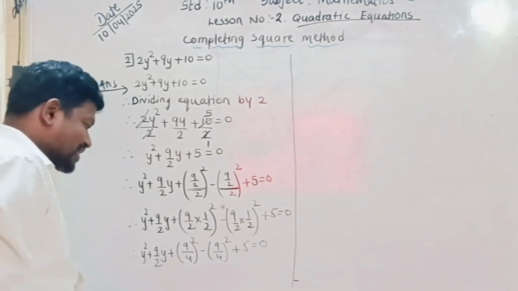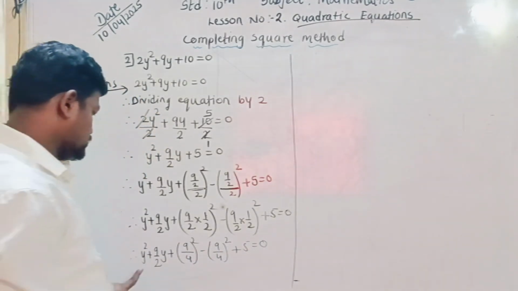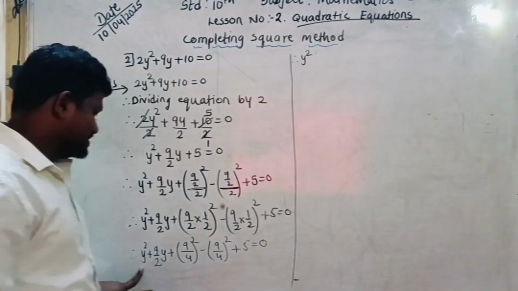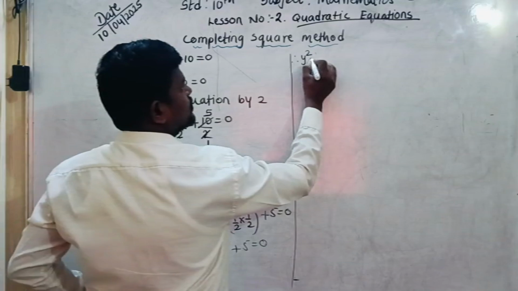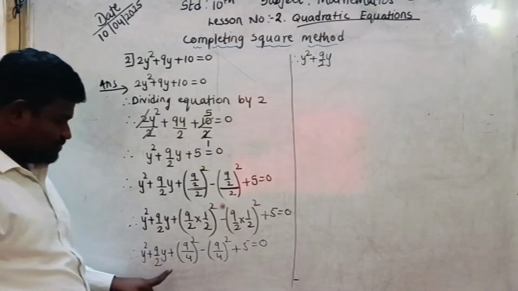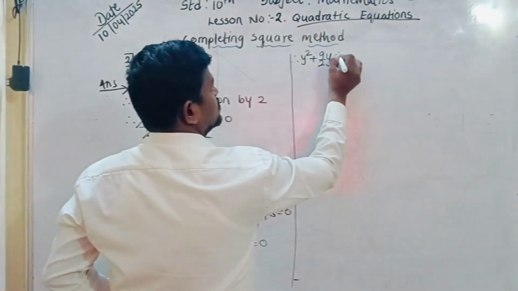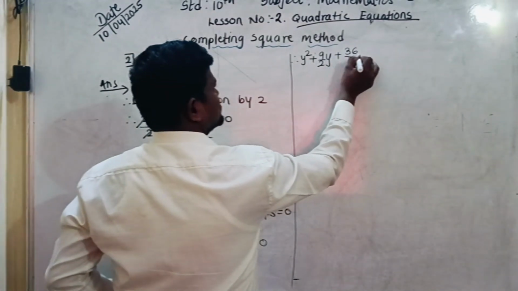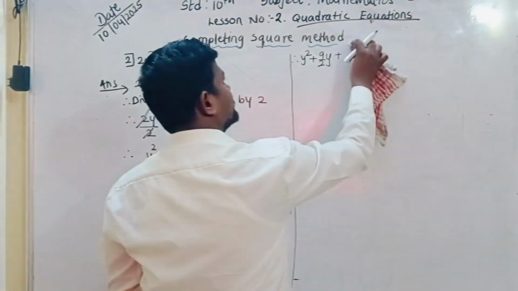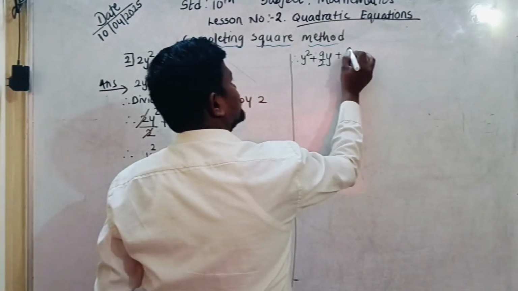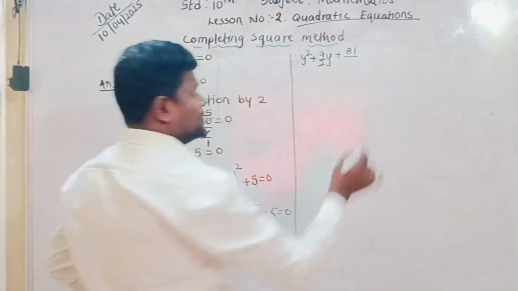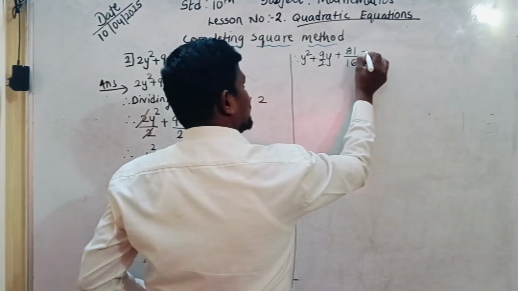So we have to find out the values. Then y square, we write down y square as it is, plus 9 upon 2y, write down as it is, plus 9 the square, 81, and 4 the square, 16.